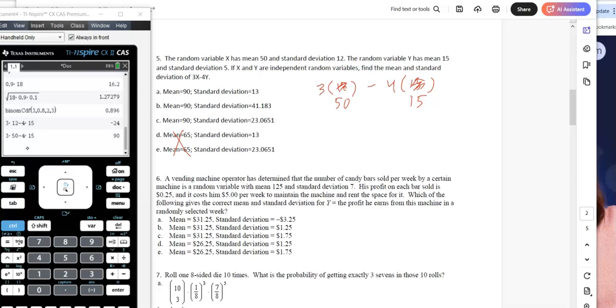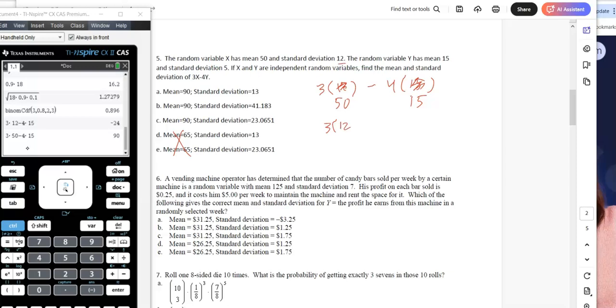So we've got to find the standard deviation. This one takes a little thought. When we combine, adding or subtracting, we always add and we square them, right? So 3 times X, in this case, the standard deviation is 12.